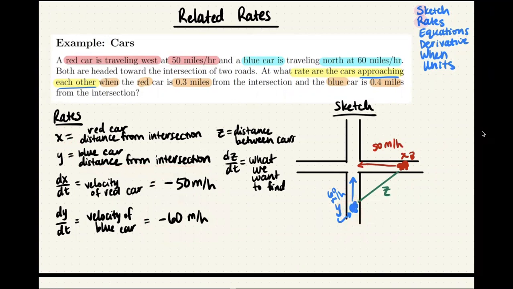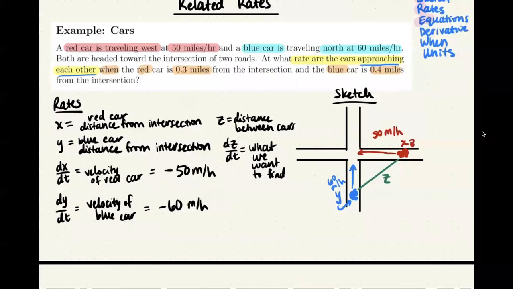Okay, we've got our sketch, we've got our rates. Now we need to write down an equation. Let's take a look at our picture here. And our sketch looks like a triangle. We have the sides of the triangle as well, and we've got this hypotenuse. So let's write down the equation of a triangle.